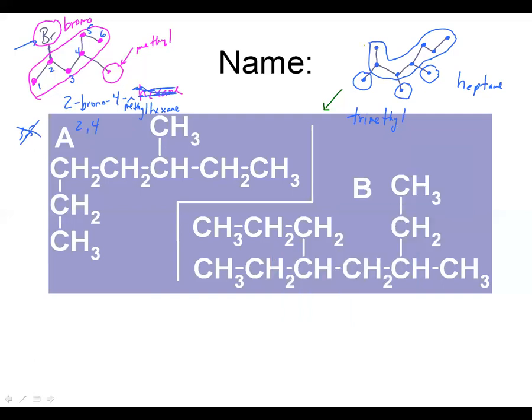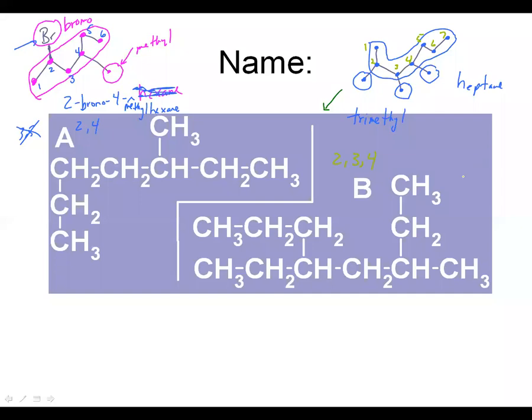That's going to be 1, 2, 3, 4, 5, 6, and 7. So going that way, it looks like we have 2, 3, and 4. If we went the other way around, starting where the 7 is and calling that number 1, that would be 1, 2, 3, 4, 5, 6. So we would have 4, 5, which is obviously a much larger number.